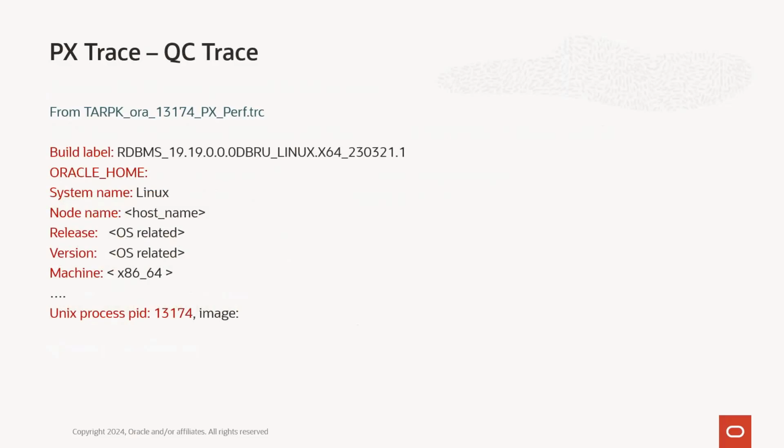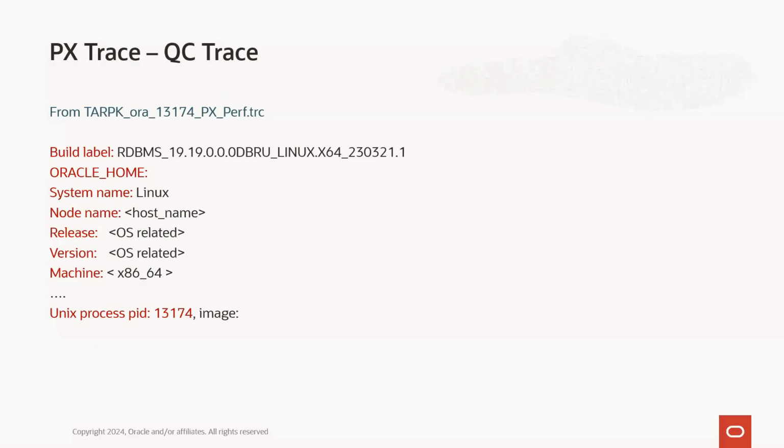At the beginning of the trace, we can see the build label, the database version, the Oracle home, system name, node name (the host name), release of the host, version, what type of machine it is, and the Unix process ID.